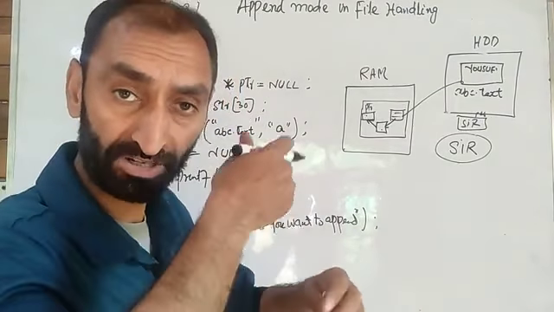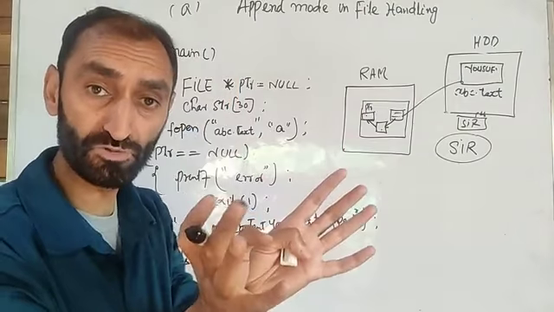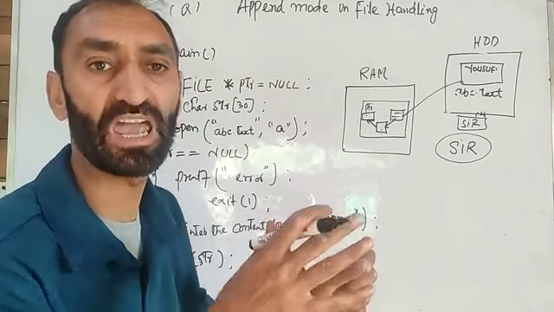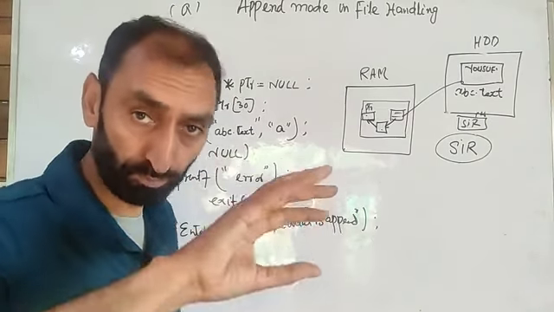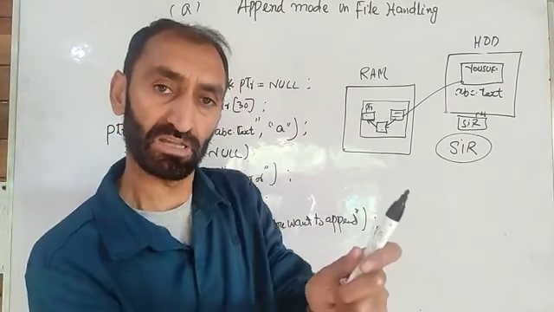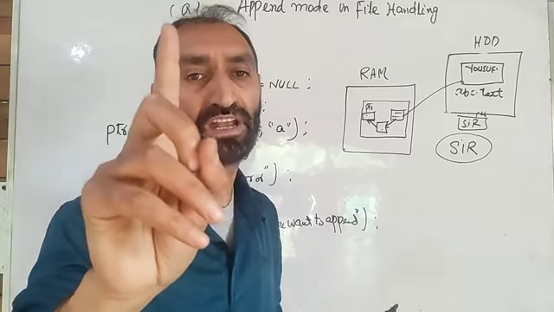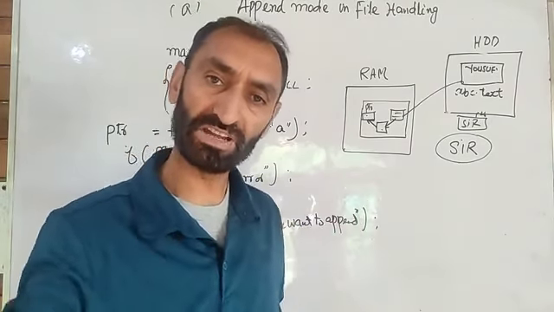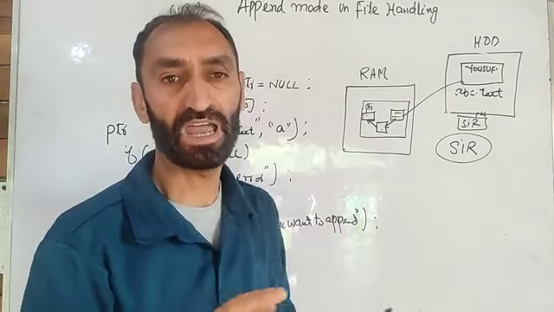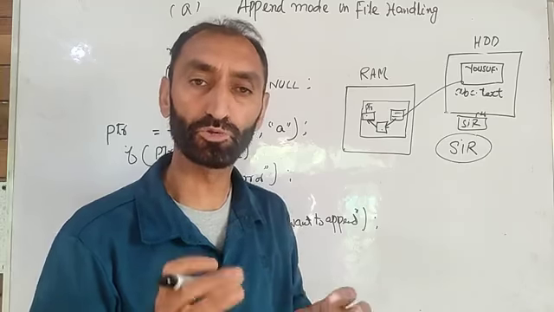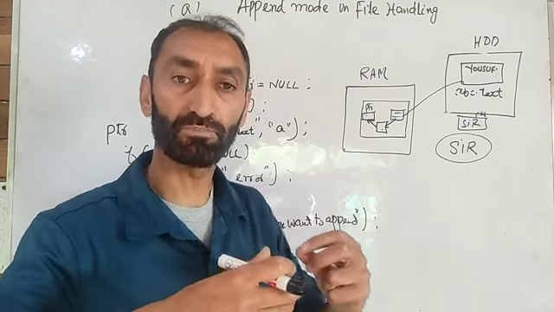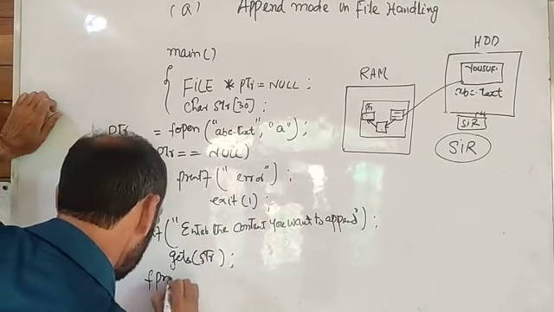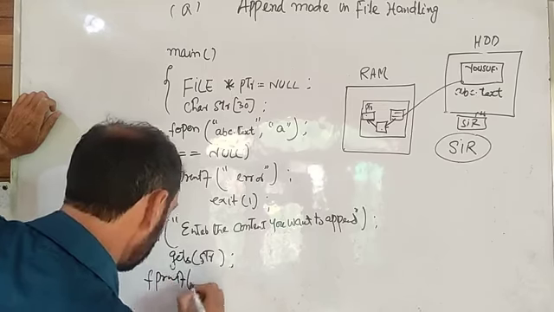But fputc can write only one character at a time, fputs can write an entire string at a time, and fprintf is used to write formatted output.